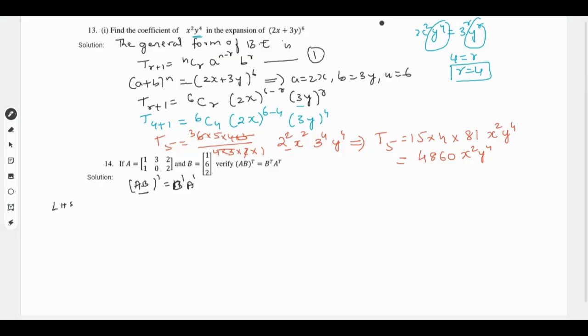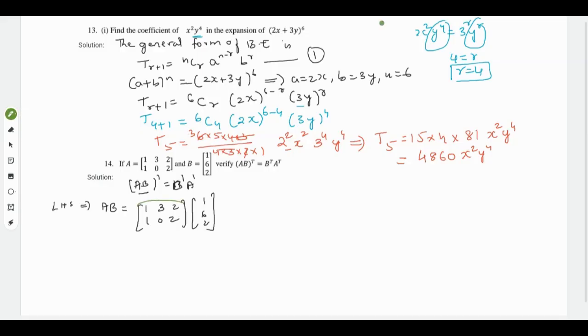LHS is A into B. First you should find A into B. That will be [1 3 2; 1 0 2] into [1; 6; 2]. The multiplication of matrix is only possible when number of columns in the first matrix should be equal to number of rows in the second matrix.